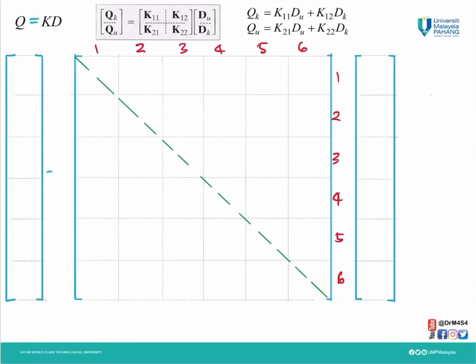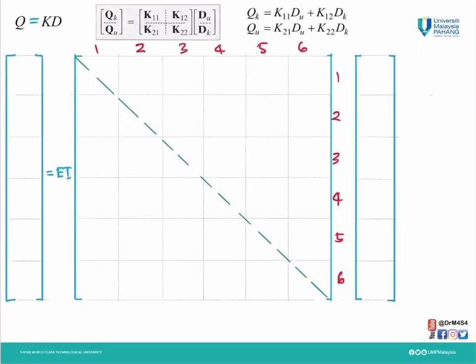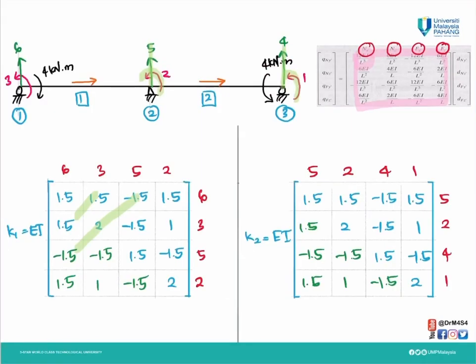So Q equals KD, take the EI out. So we have K1 and K2 combined for each cell. For example, this one, cell 1, 1. What is the value in 1, 1 from K1, and what is the value 1, 1 for K2?